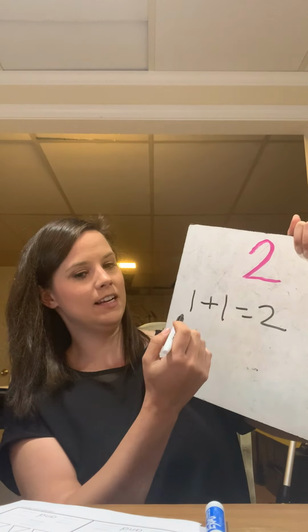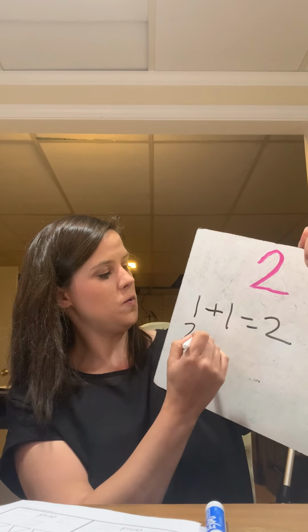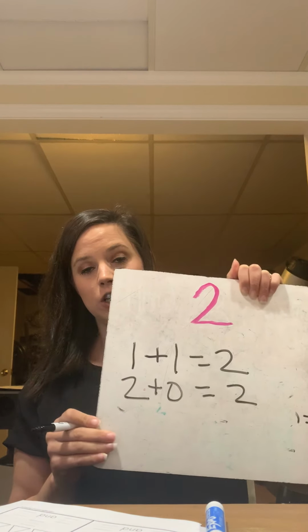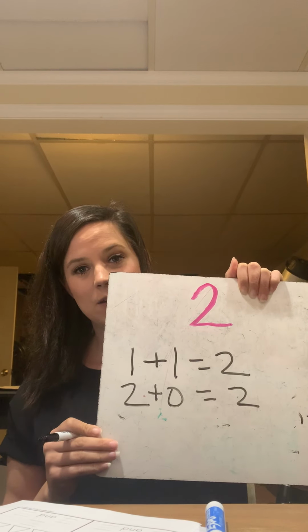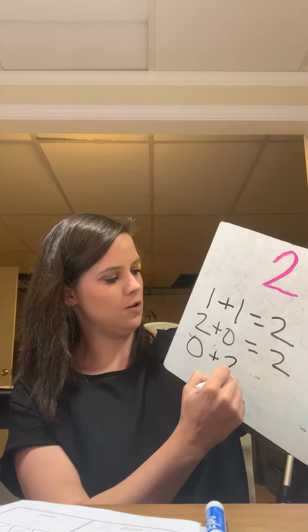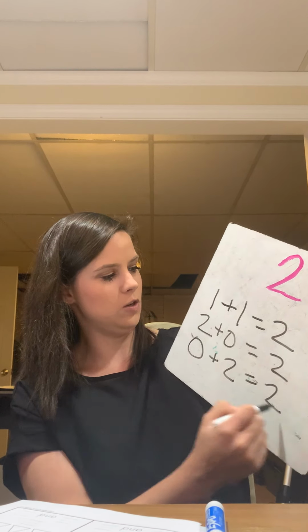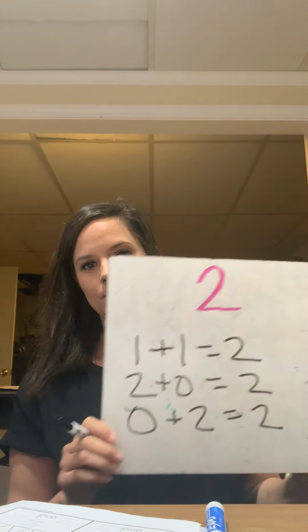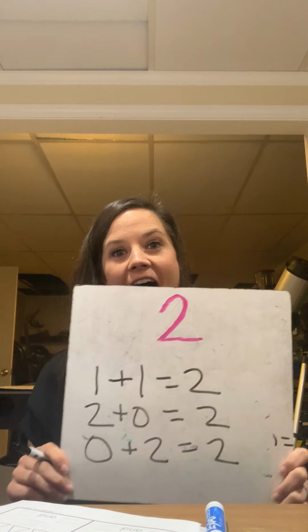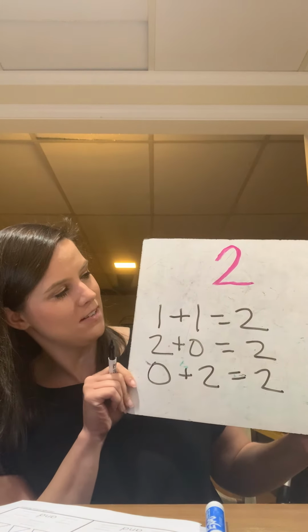Now we've got 2 plus 0 equals 2. Then we've got 0 plus 2 equals 2. All the ways that you can make 2. It's a lot of ways to make 2.